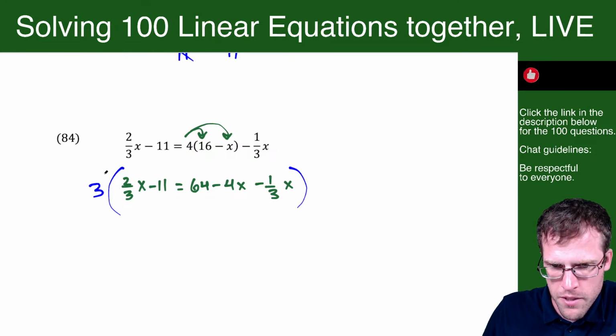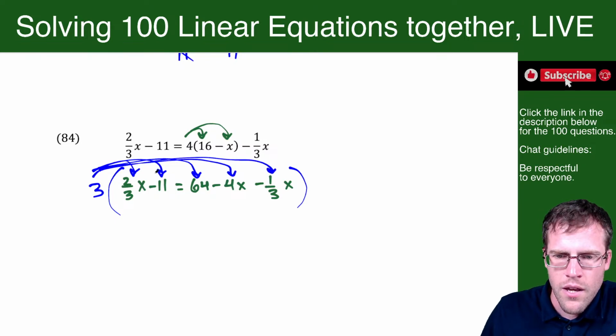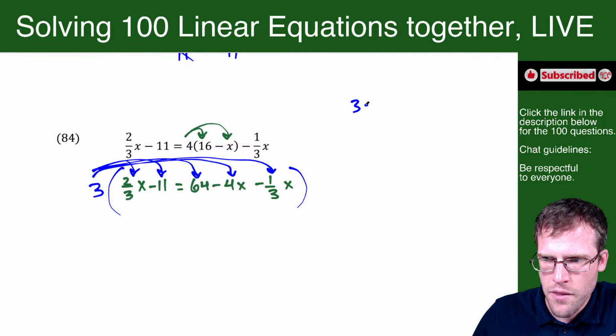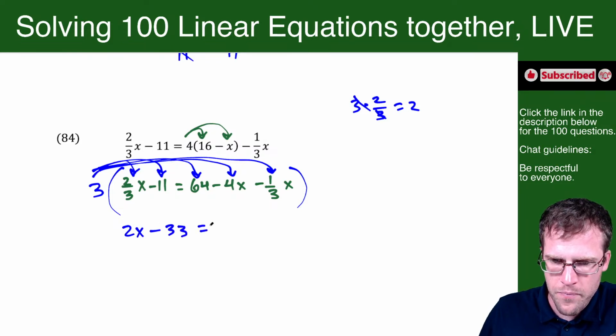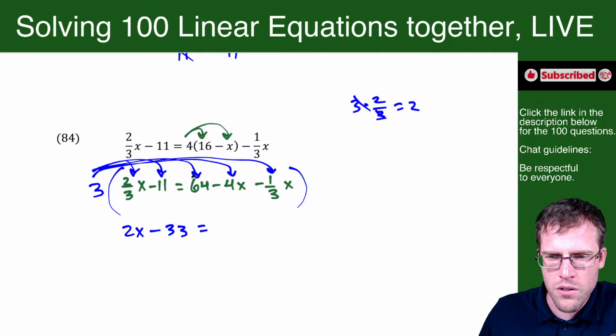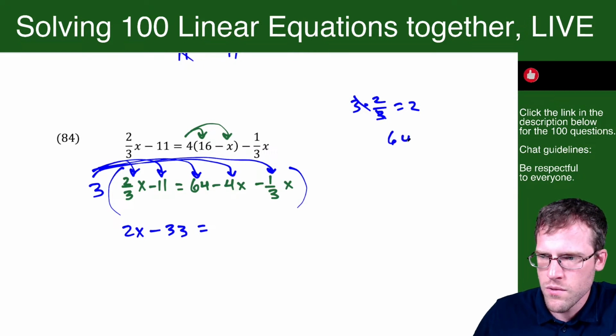I'm going to multiply this by 3. Then this. That's a lot of distributing. This, and this. And if I just do that on the side, 3 times 2/3, 3 over 3 cancels, and it's 2. So I'm going to have 2x. 3 times negative 11 is minus 33. 3 times 64, was that 192? Let's see.